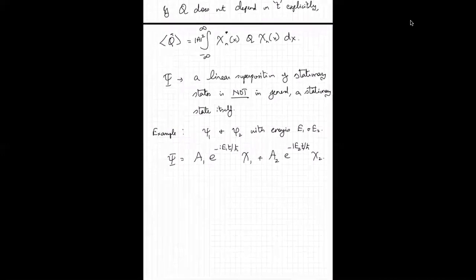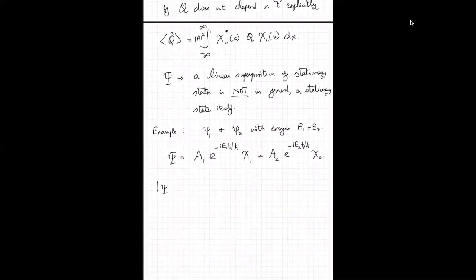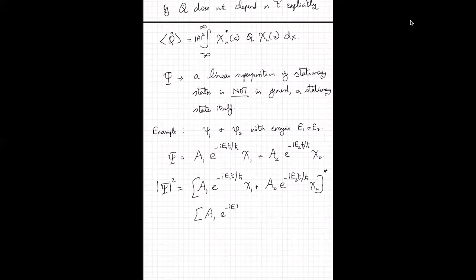Why? Because if I calculate mod psi square in this state, what is this? This is equal to A1 e to the minus i E1 t over h bar chi_1 plus the second term, times the complex conjugate, times the same thing again. Okay, and this is explicitly time dependent because there are cross terms.